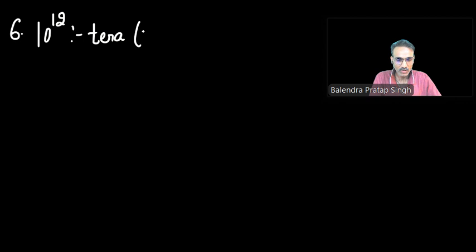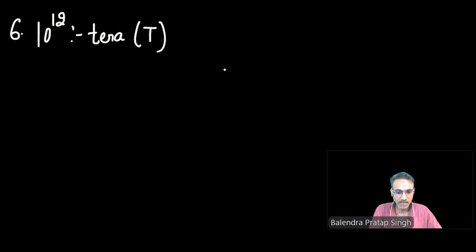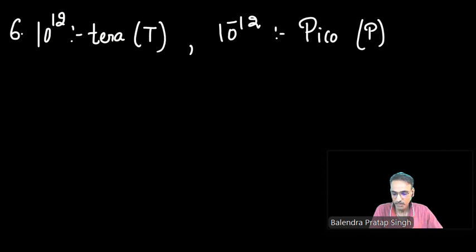The letter we use is capital T. Similarly, 10 raised to the power minus 12 we call pico, and the symbol for pico is small p.